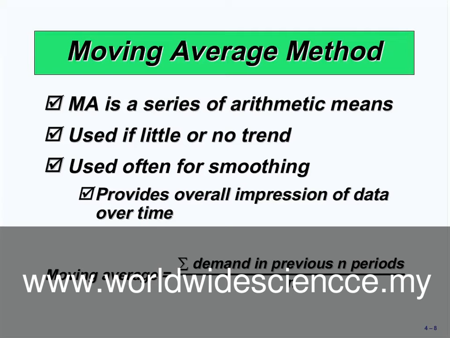For example, the company wants to forecast April. January, February, and March are clear. If the company wants to forecast April, they can use January, February, and March, because they have finished and the data are real.